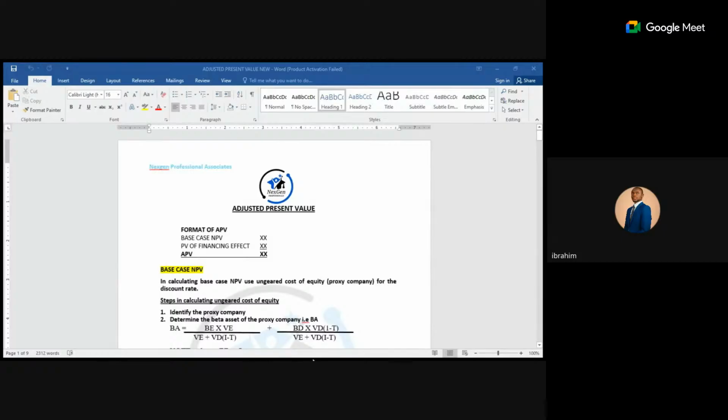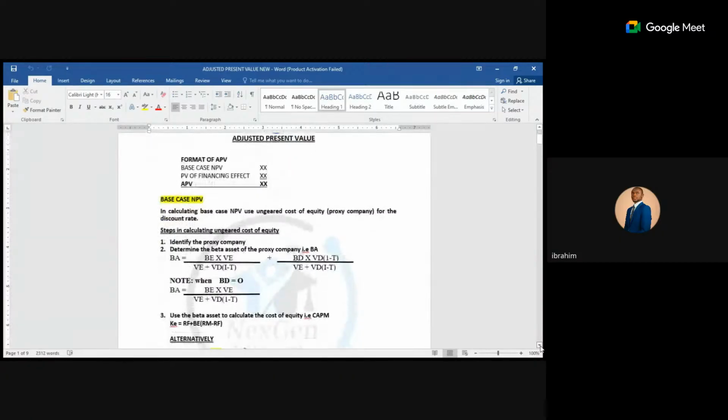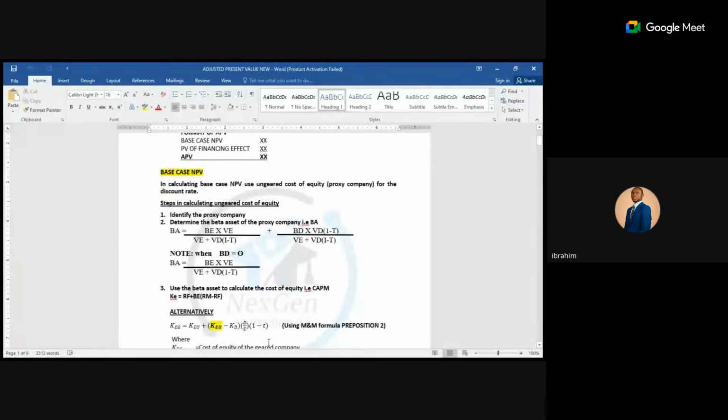Now, in determination of the cost of equity of the ungeared company, there are two approaches. You need to check from the question.